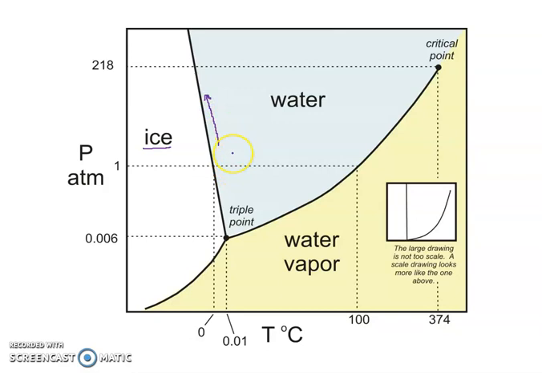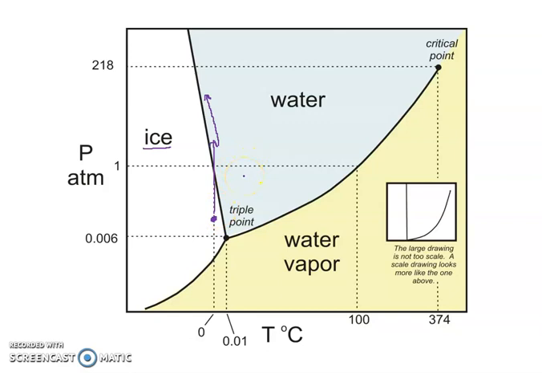So if we're thinking about the slope of this, then as we are increasing our pressure here, so let's say that I'm here at 0, right? Here's 0 degrees Celsius, and I'm somewhere less than atmospheric pressure. If I increase the pressure, then I go from a solid to a liquid.